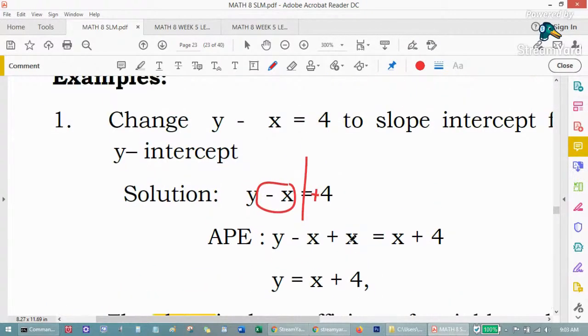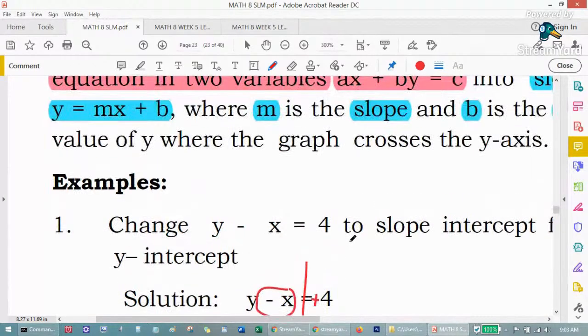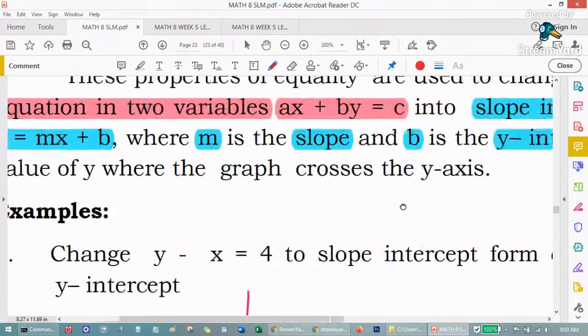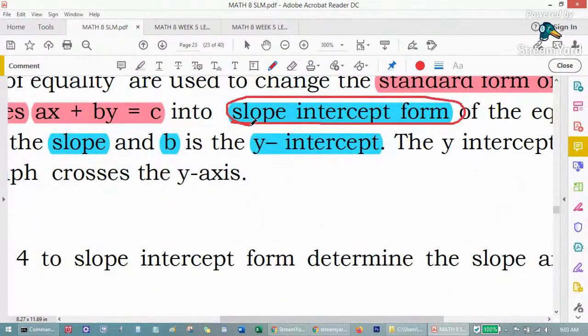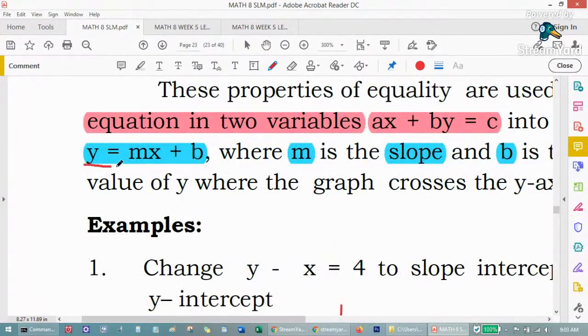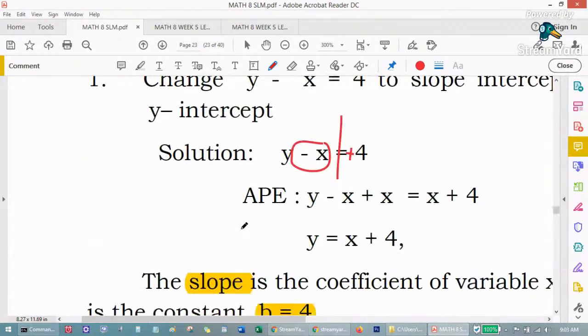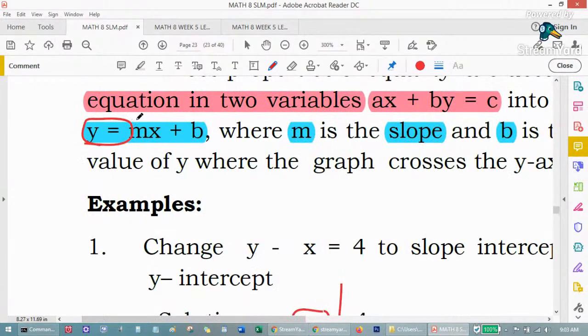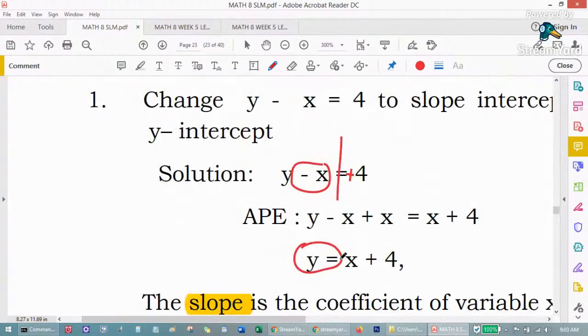So, check natin yung slope-intercept form. Sabi is y equals mx plus b. Ang tanong is nasaan ang m? So, yung variable na walang coefficient na nakasulat, that's understood that the coefficient is equal to 1.